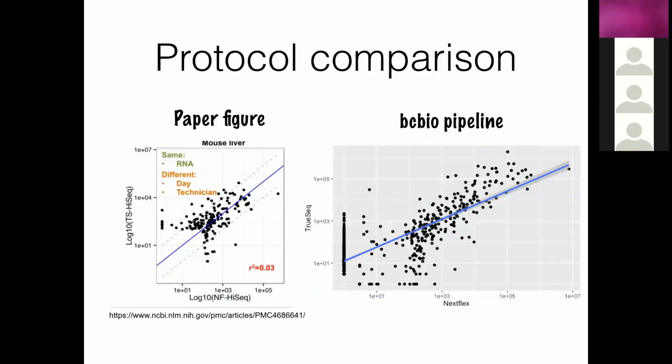But the one that has the 2 protocols with the same sequencing technology, HiSeq, is a mouse liver sample. And they have that in the figure. What's on the left, the paper figure, is that comparison. On the x-axis you have the Bioscientific protocol, on the other you have the TruSeq from Illumina, and they use the quantification pipeline.